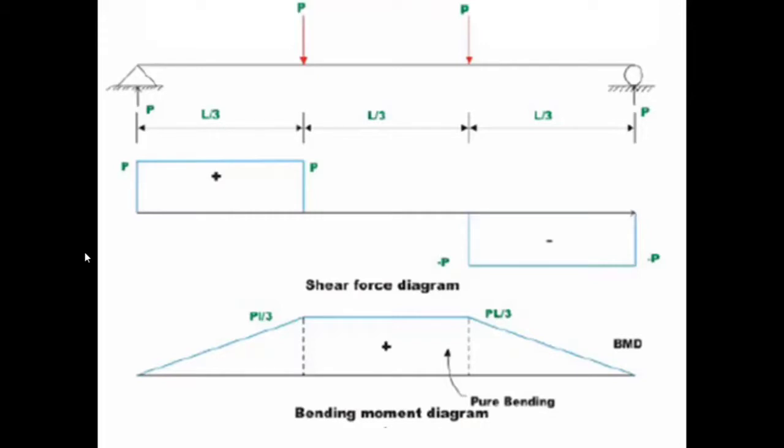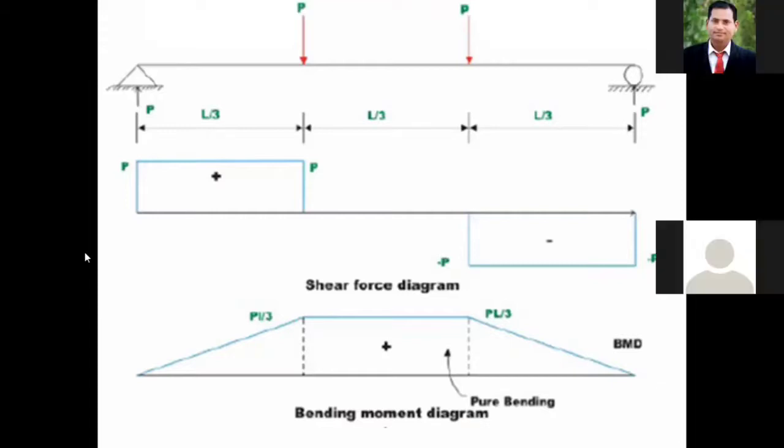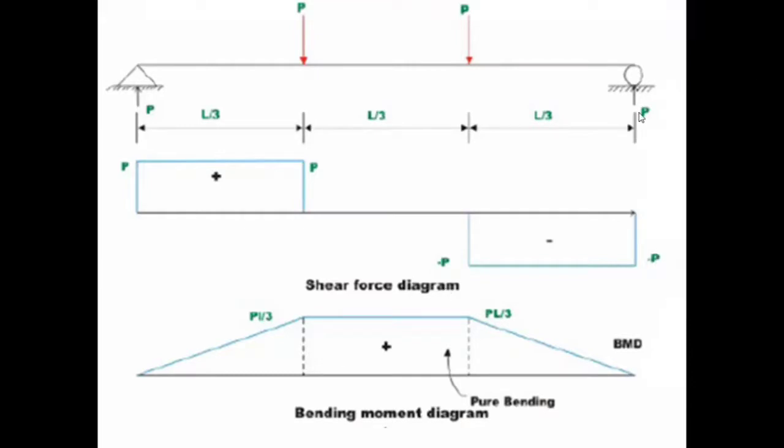So our theory of strain energy is applicable to this assumption, that is, shear force is zero in the middle one third part and bending moment is maximum in the middle one third part.